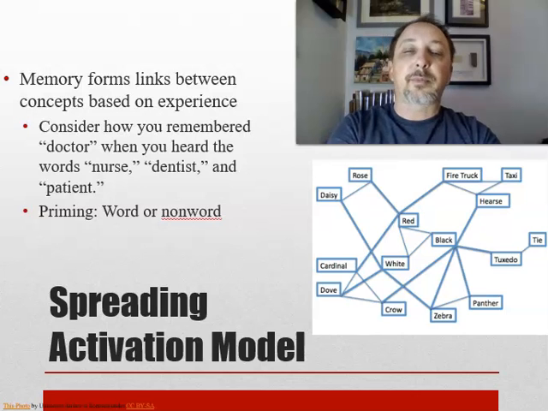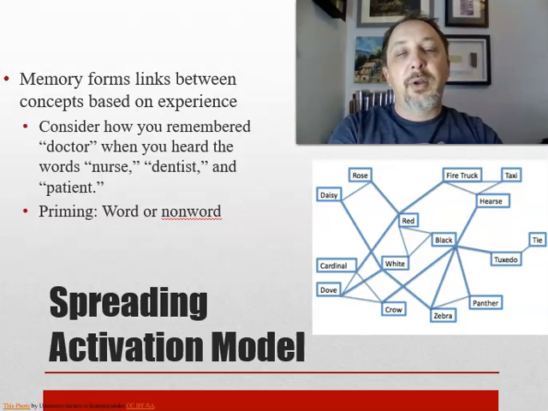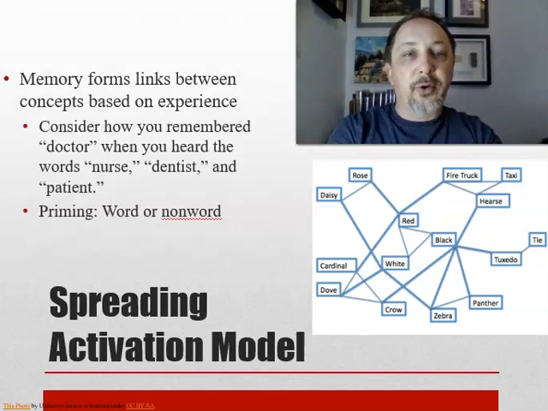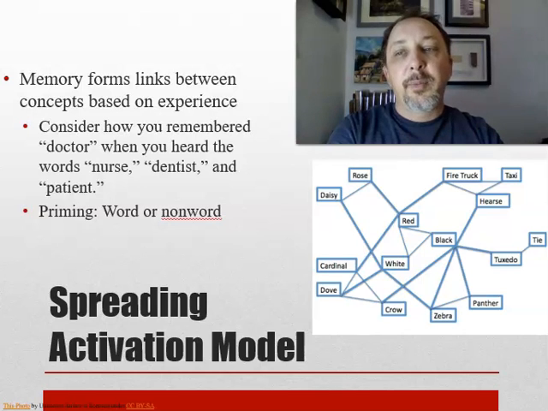So the spreading activation model is related to our sensory memory. We saw how if we get a word, other words automatically come up. We saw that with the Roediger-McDermott word lists and some other examples. Well, priming is part of this.